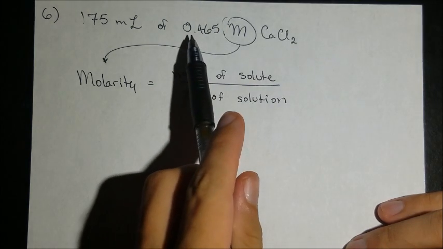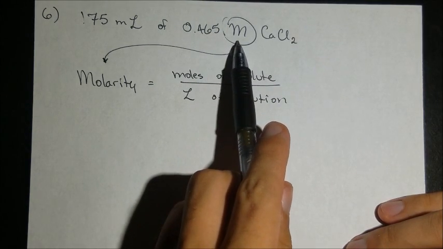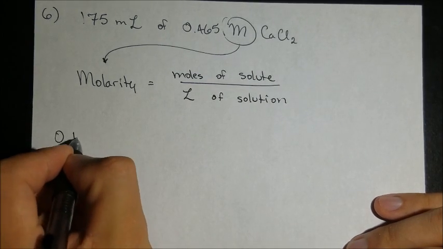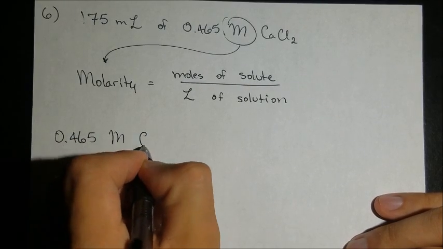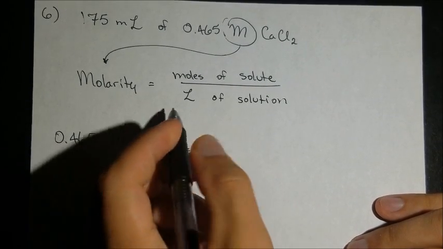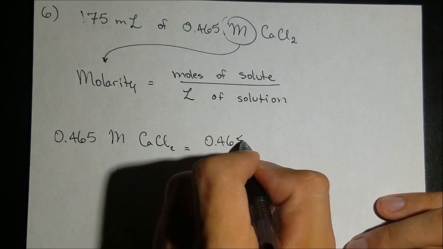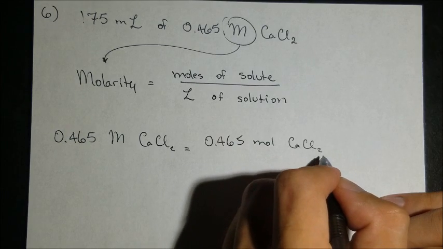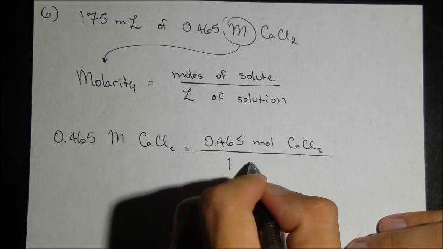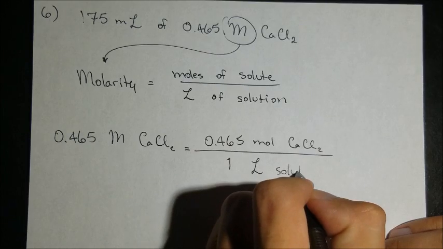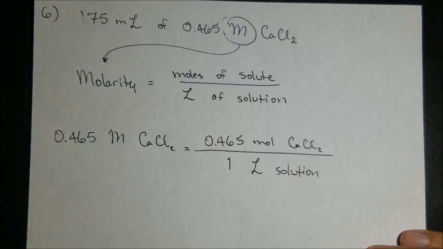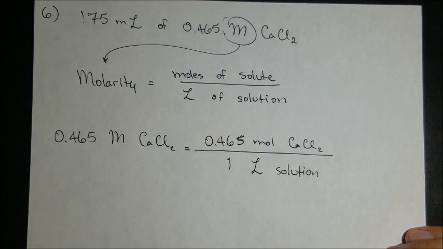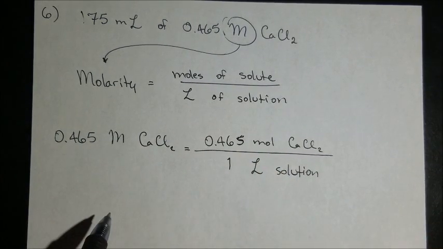So when I see that I have 0.465 molar calcium chloride, what I'm saying is that it is just 0.465 moles of calcium chloride dissolved in 1 liter of solution. That's all I'm saying. So I've got 0.465 moles of calcium chloride in 1 liter of solution.